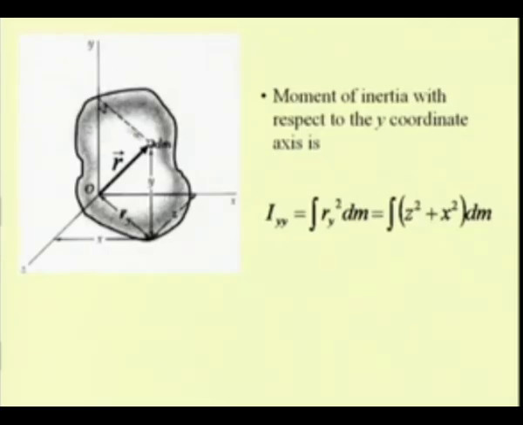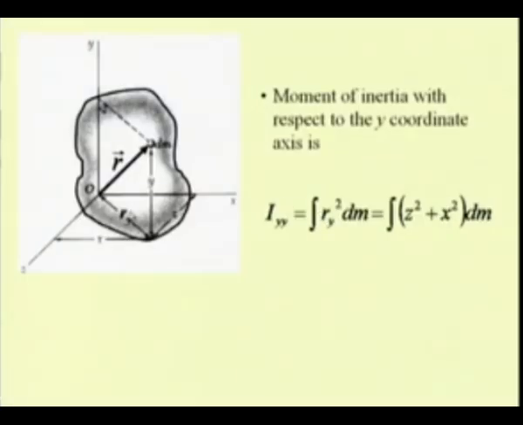Let me call this distance r_y the projection of this vector on the xz plane, which gives the distance of this particle from the y axis. So, we have the integral of r_y square dm. This gives the second moment of this mass with respect to the y axis.